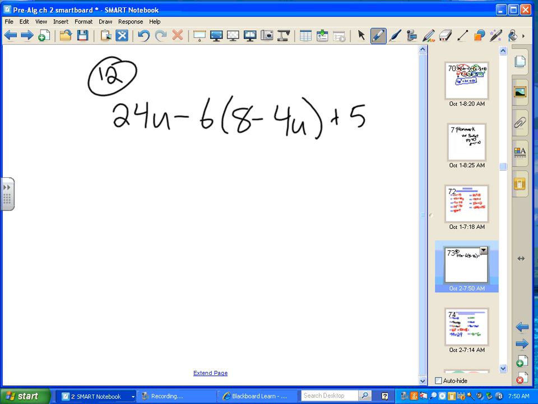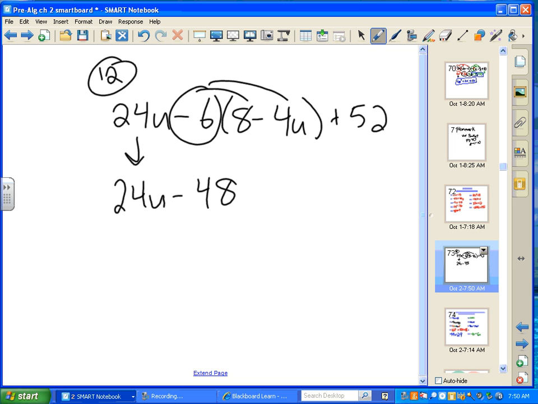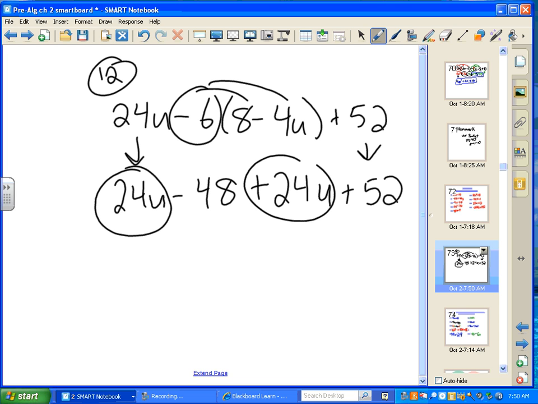All right, you ready? Drop this down, okay? The -6 gets distributed. So we have 24u -48 plus, negative times a negative is a positive. That's what you forgot. And then drop down the +52. Did I forget a u? No. So then when you add these two, Charles, that's how you get positive 48u.